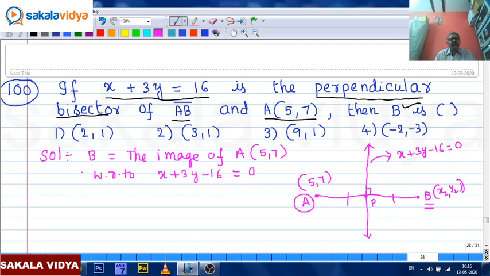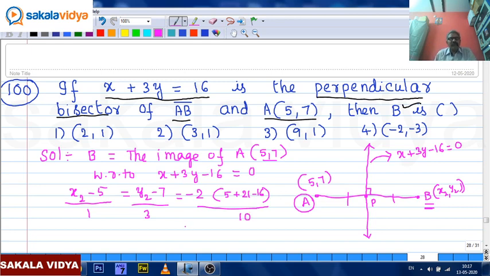Now we need to find B. Formula: x2 minus x1 by a, that is x2 minus 5 by 1, y2 minus y1, y2 minus 7 by 3, equals minus 2 times, substituting this point in the line, 5 plus 21 minus 16 by 1 square plus 3 square, 1 plus 9 is 10.